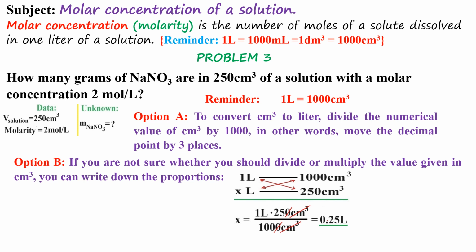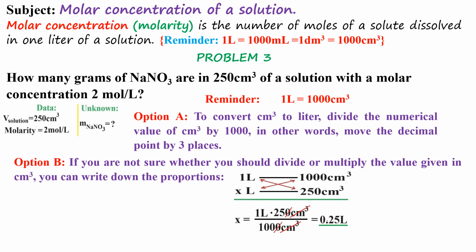We calculate x by cross-multiplying this proportion, so 1000 cubic centimeters times x equals 1 liter times 250 cubic centimeters. To solve for x, we need to divide both sides by 1000 cubic centimeters, so it follows that x equals 1 liter times 250 cubic centimeters over 1000 cubic centimeters.